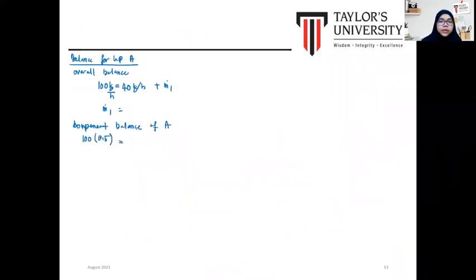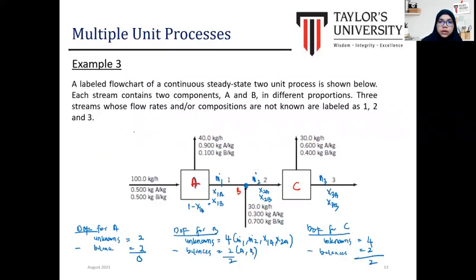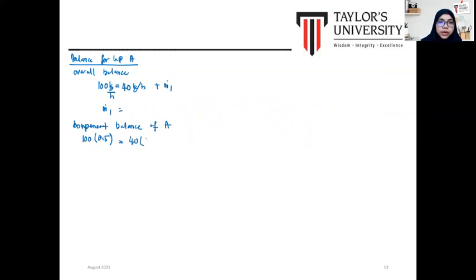Okay, 40, 0.9. So we have M1 here. You can have your S1A, right? Because we have the M1, you can have S1A and also S1B once you determine your S1A here. Okay, so maybe you can try it later.